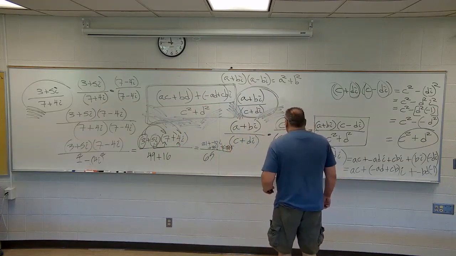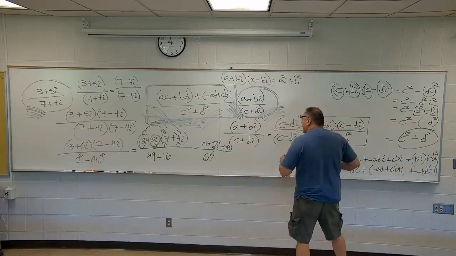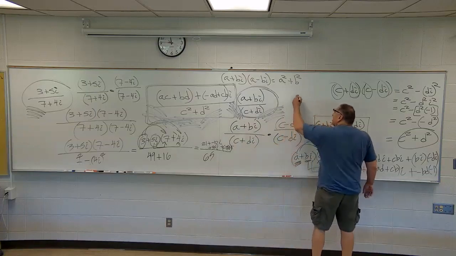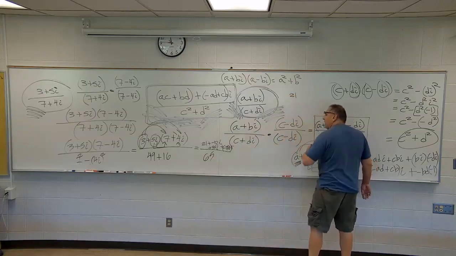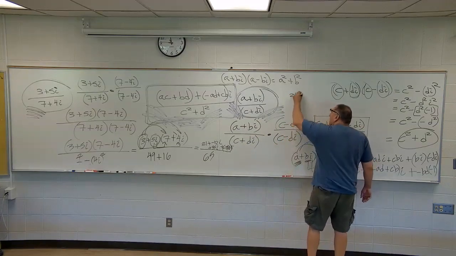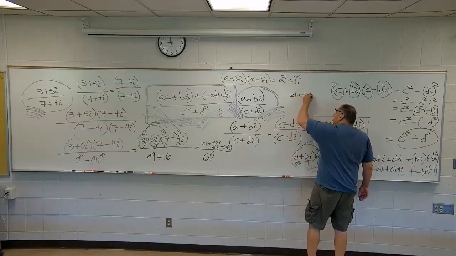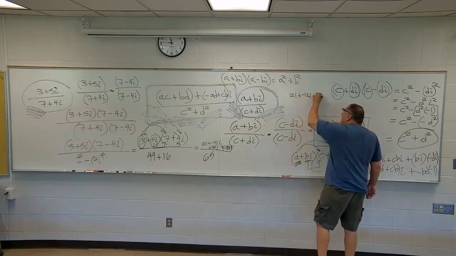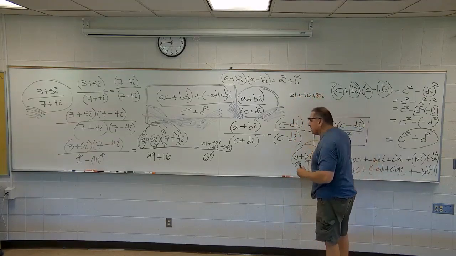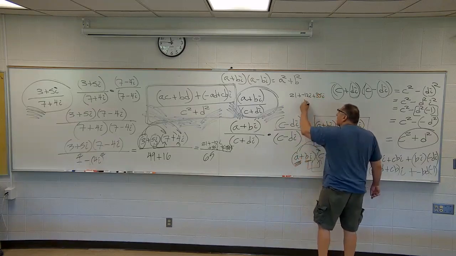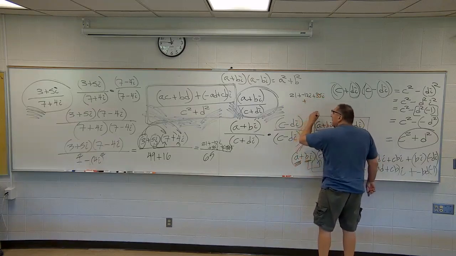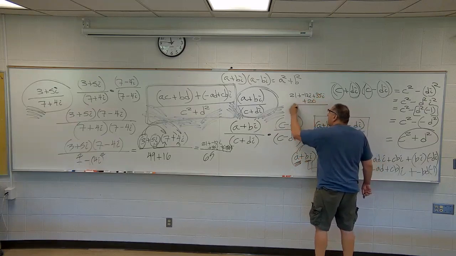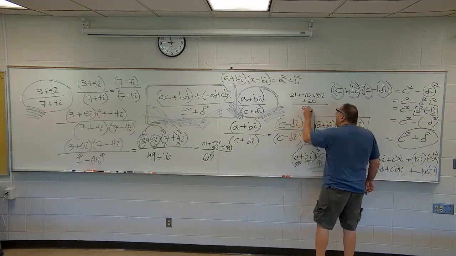Okay? So what we get here, guys, we got 21 plus -12i plus 35i. -20 times -1 is 20. The bottom is 65.